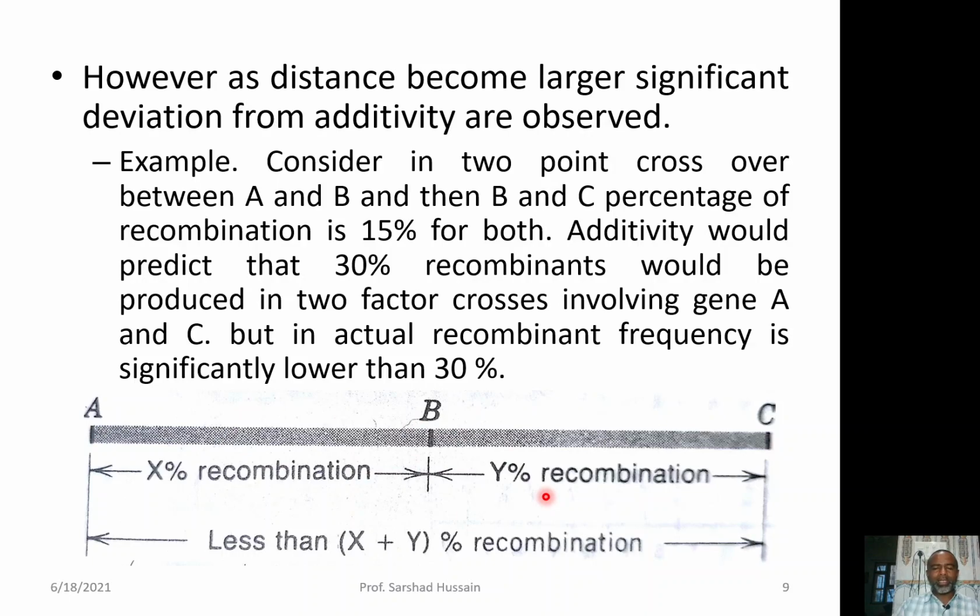If we are looking at the additive property, it means the recombination frequency between A and C would be 15 plus 15, that is 30%. Between A and B it was 15%, between B and C it was 15%. You simply add on and you can say that yes, the recombinant frequency between A and C would be x plus y percent, that is 30%.